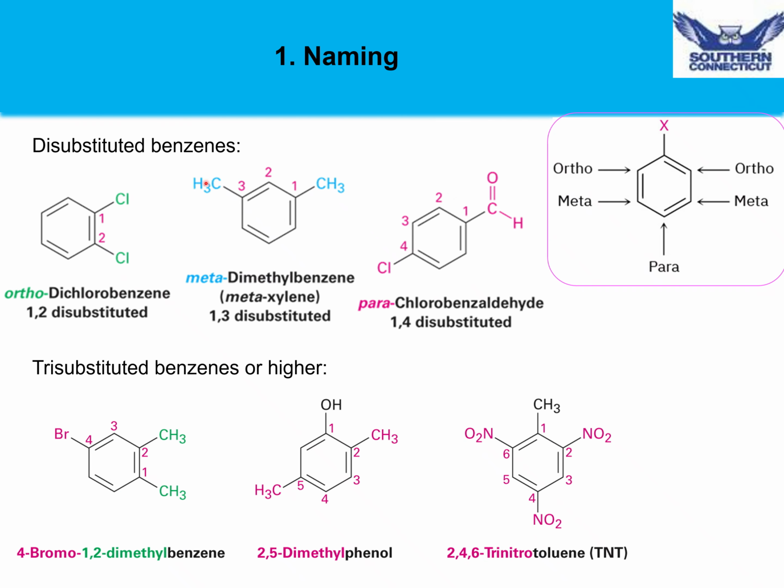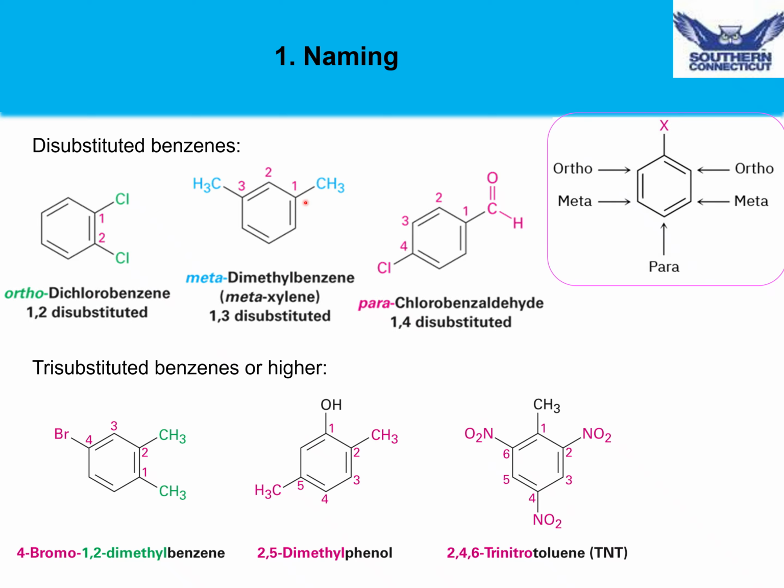Let's cover a few examples of disubstituted benzene compounds. First example has 2 chloro substituents on benzene, so this compound is named as 1,2-dichlorobenzene, or we could use ortho-dichlorobenzene. The next example has two methyl groups on benzene.